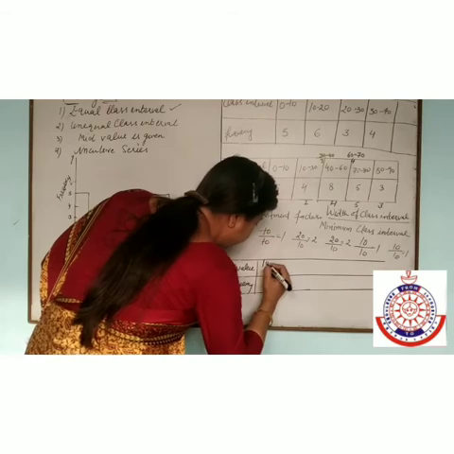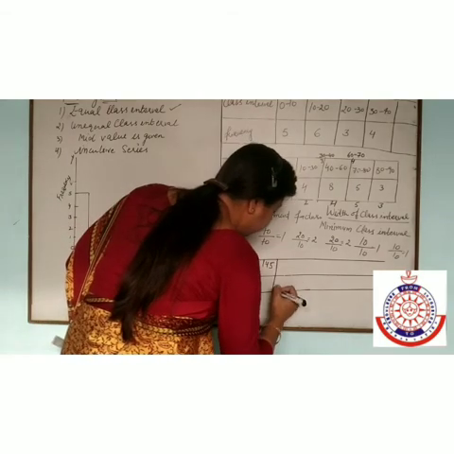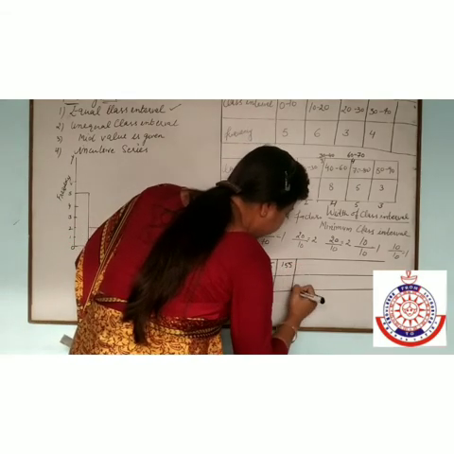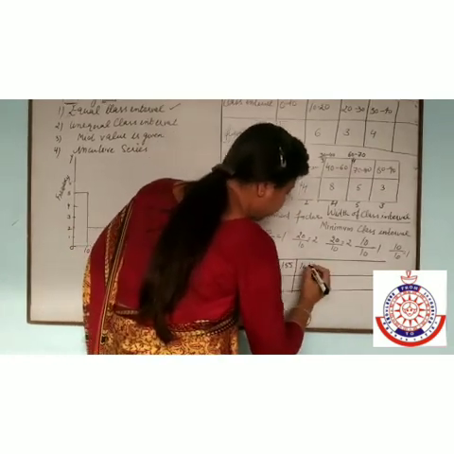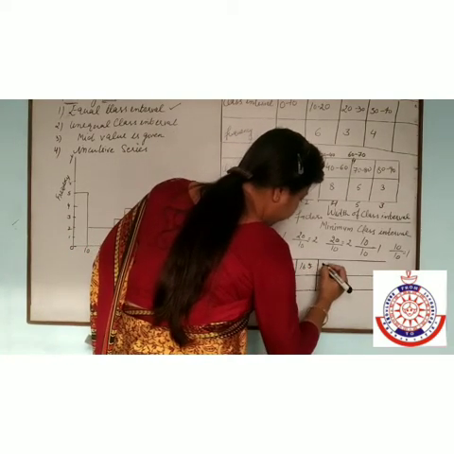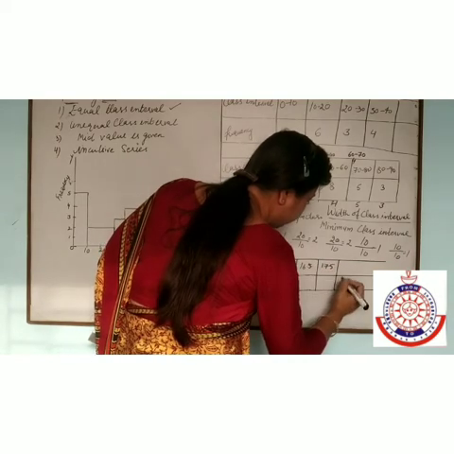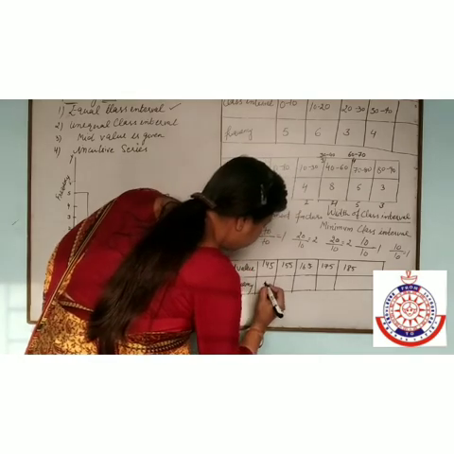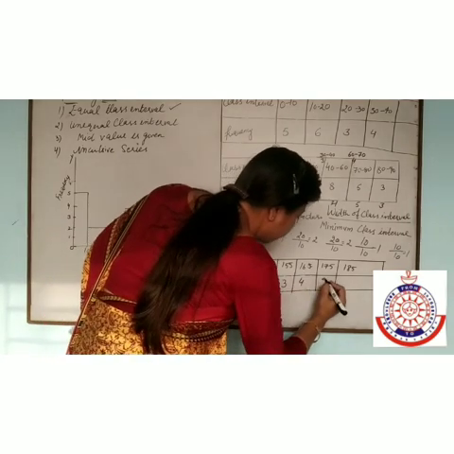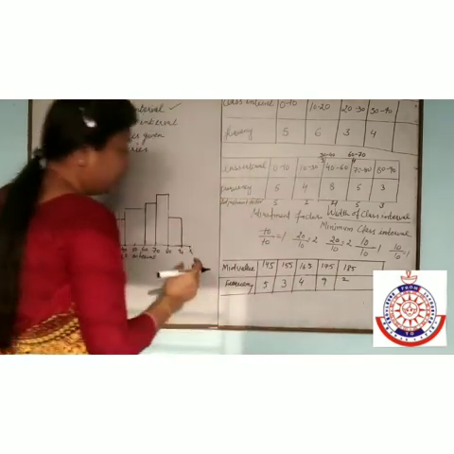Mid values are 145, 155, 165, 175 and 185. Frequencies are 5, 3, 4, 9, 2.